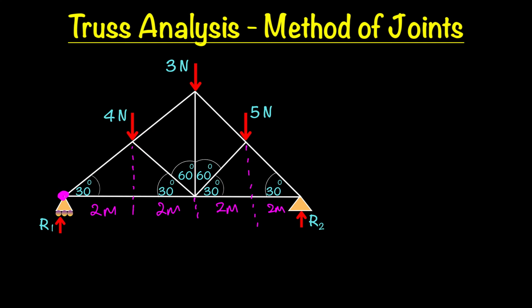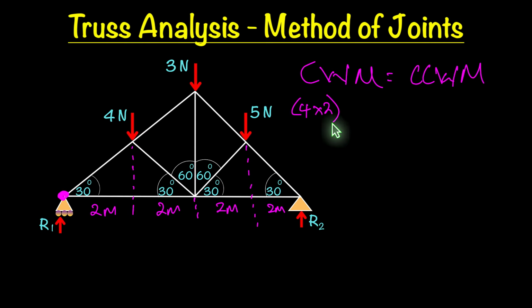If we set up our system, clockwise moment will be equal to counterclockwise moment. And for our force, 4 newtons, that is 2 meters away from our pivot point. So force multiplied by perpendicular distance gives us the first moment.